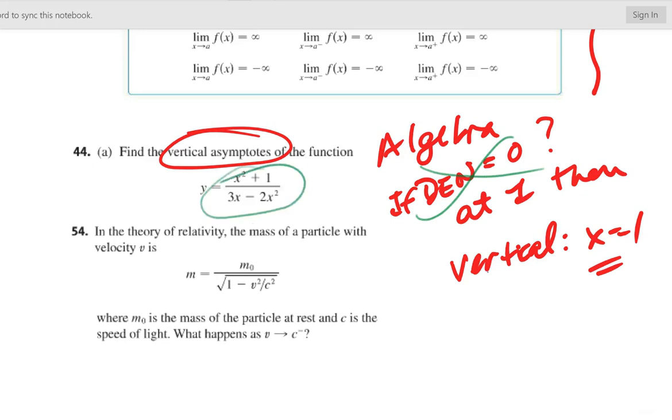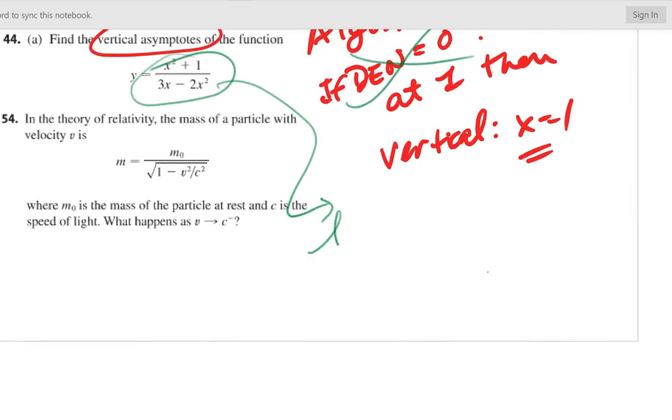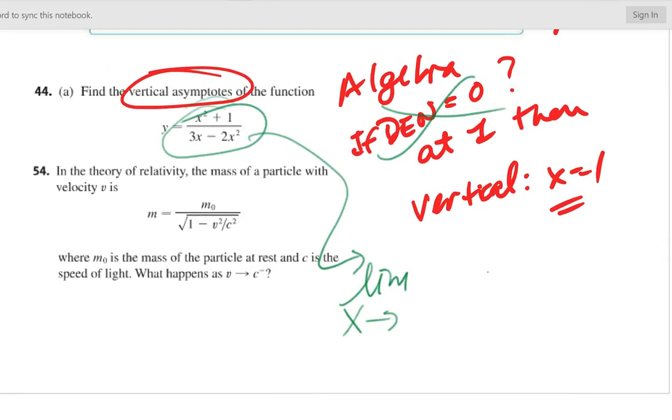I want you to go ahead and find the limit. In a calculus way, you'd say, find the limit as x approaches... wait, time out, no, you can't, because we need the actual number.